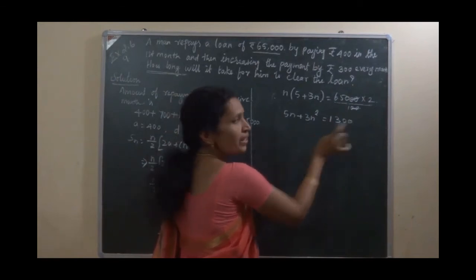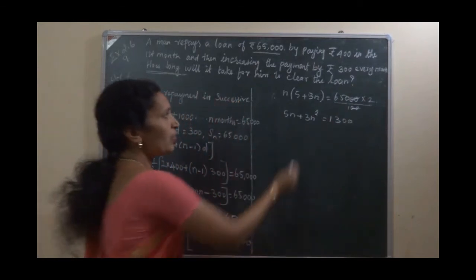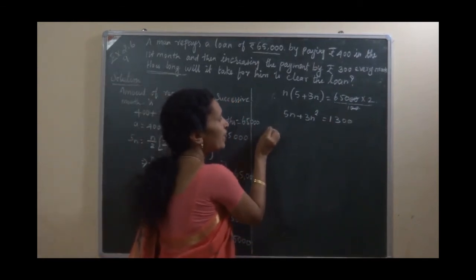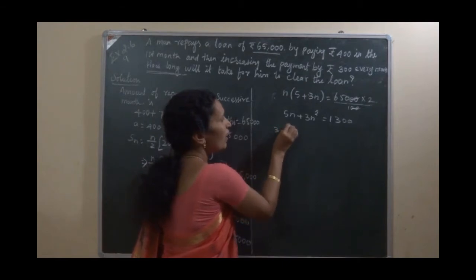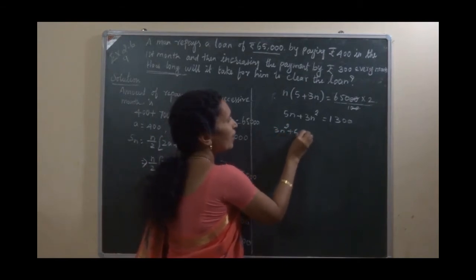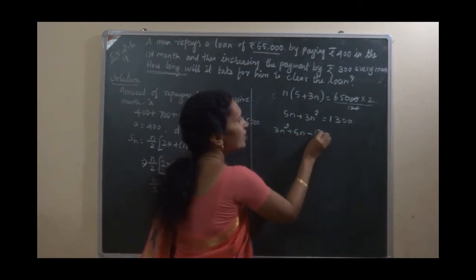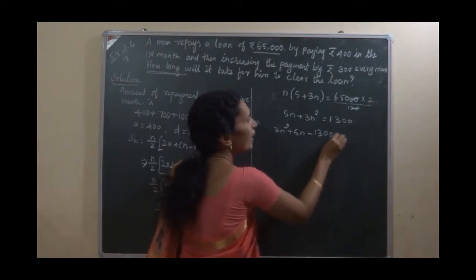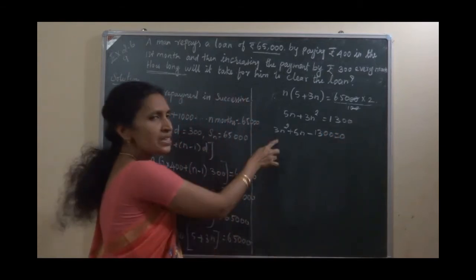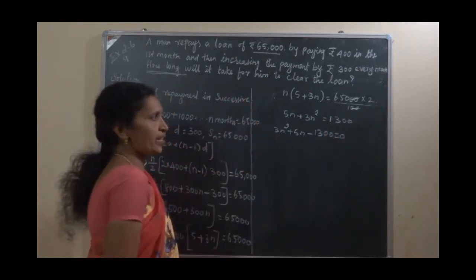So 1300. Now form the quadratic equation: 3n square plus 5n minus 1300 equal to 0.